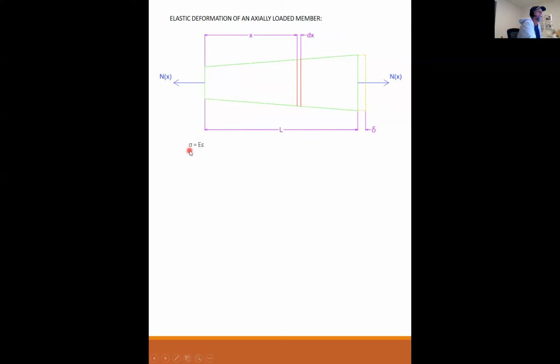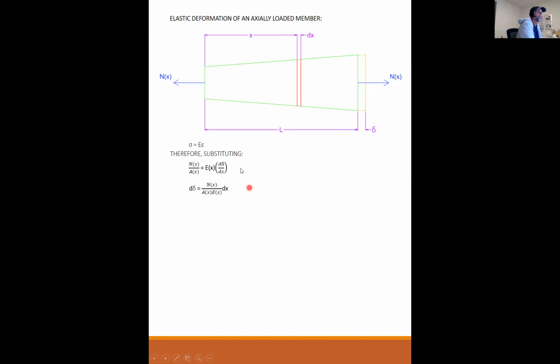Hooke's law: sigma is equal to Young's modulus times epsilon, the strain. There, I can substitute. This is my stress, and my strain was d delta over dx. So I just substituted for the stress, I substituted for the strain, and I get this equation here.